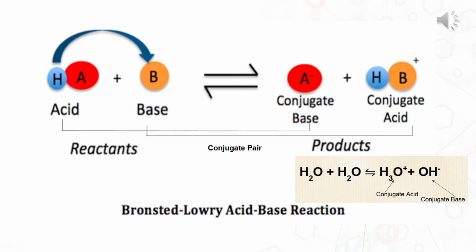Once it undergoes a reaction, the one on the right is your product. After the reaction, you will have the conjugate base and the conjugate acid as its products. So take note of that formula. The photo on the right bottom part of the first image is a good example of the Bronsted-Lowry acid-base reaction.